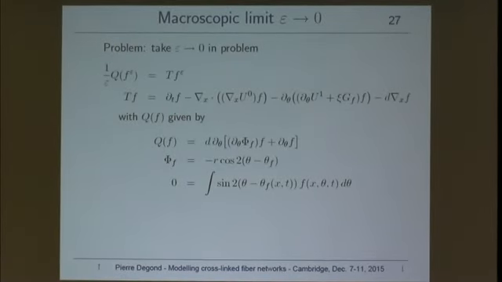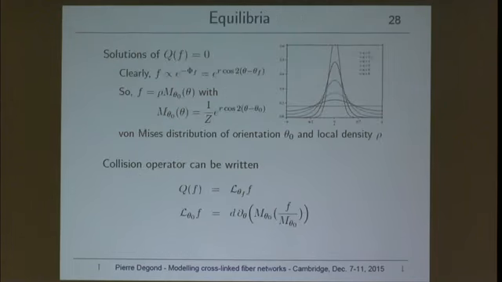And so again, I've written the problem again. The problem is to let epsilon go to 0 in this problem. The first thing to do is to characterize: if you send epsilon to 0, then f epsilon will lie in the null space of this operator Q. So you first have to characterize the null space of this operator Q. It turns out that these are so-called von Mises distributions, actually nematic von Mises distributions around a certain mean orientation theta 0.